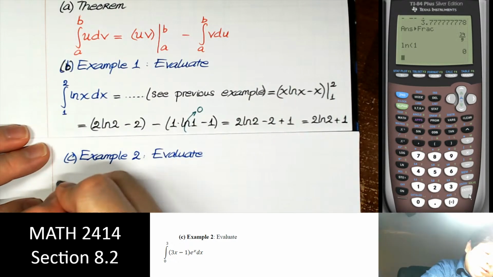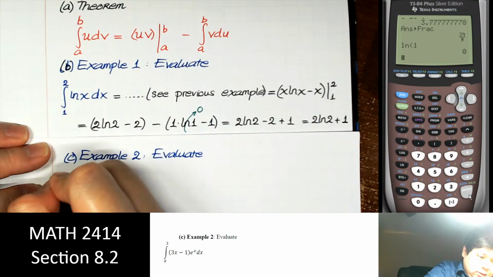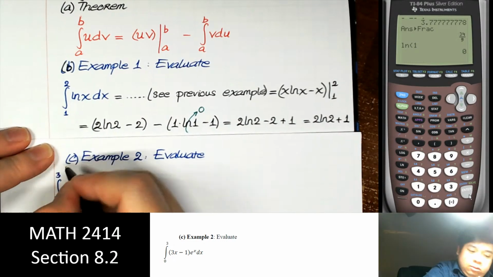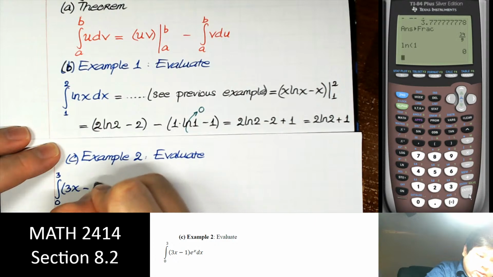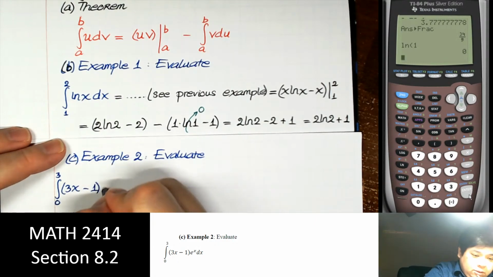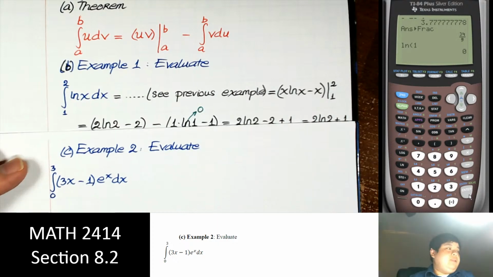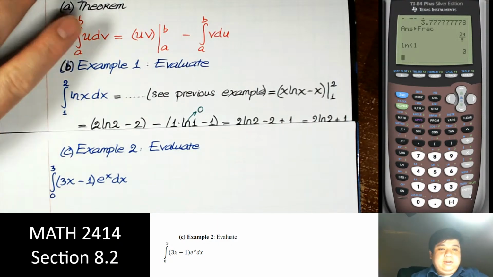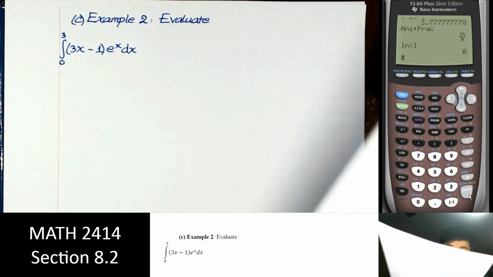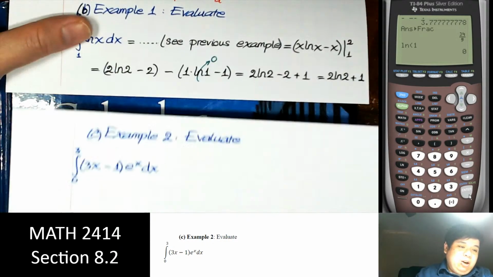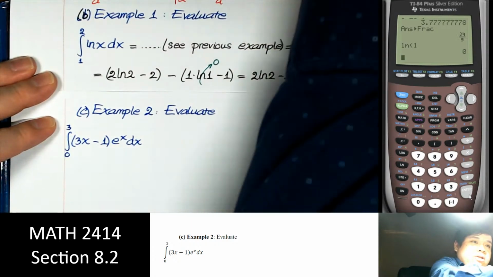Evaluate. So even with the limits, we just integrate by parts like we normally do, meaning we're going to use the table.